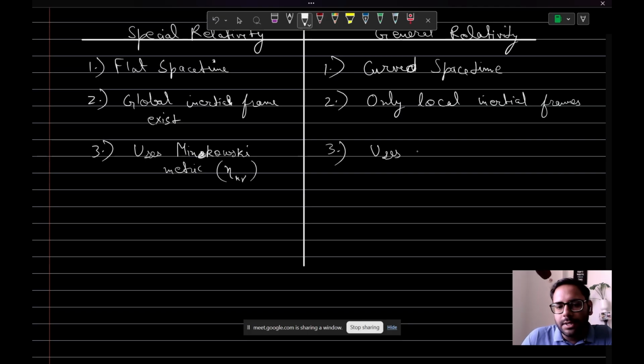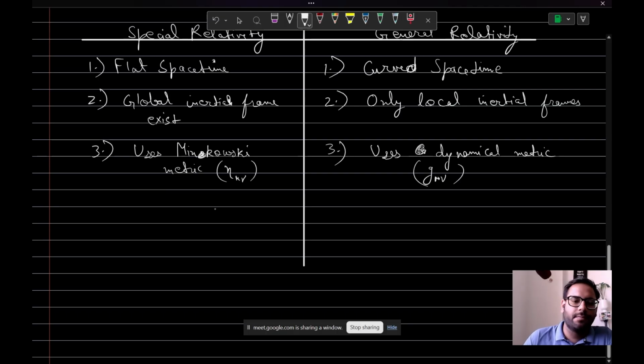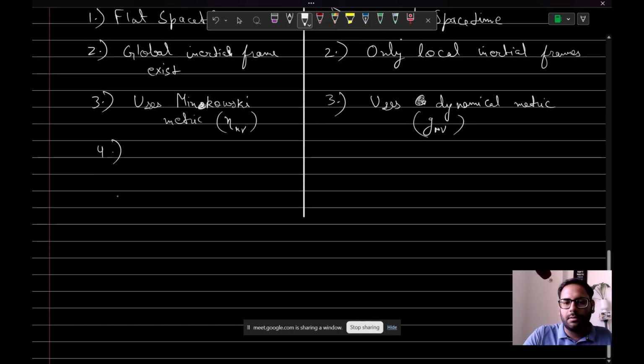And general theory of relativity uses, sorry, a dynamical metric, which is a general metric, and we denote it by g with subscript indices. Dynamical means time dependent.